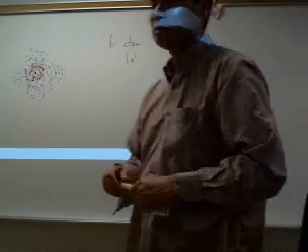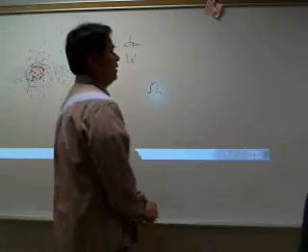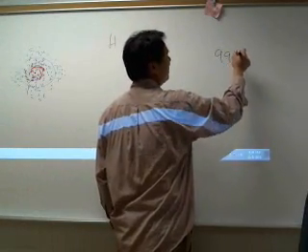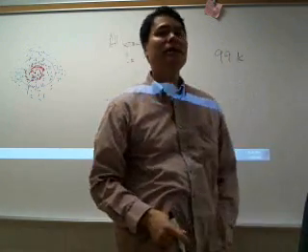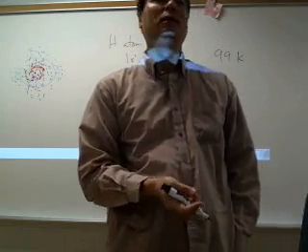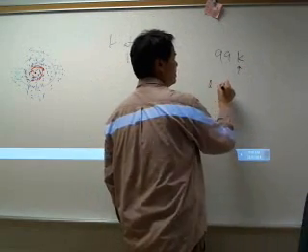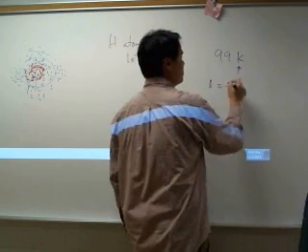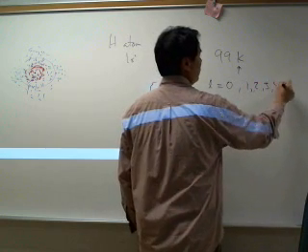And this is the good thing about the simple numbers. The simple numbers allow you to figure it out. So for example, if I said I want to go to the 99K, if I'm in the 99K orbital, well, does a 99K orbital exist? Well, we got to figure it out. What is K? So that means l is equal to, probably figure it, 0, 1, 2, 3, 4, 5.